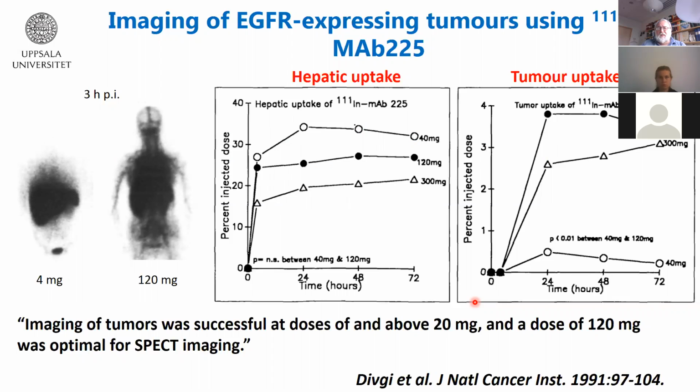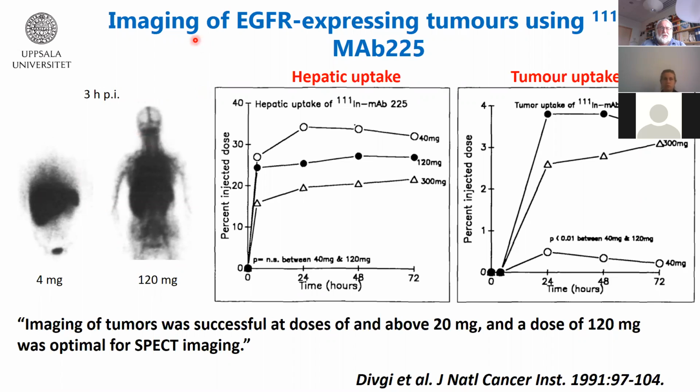And the liver is also well perfused. Between 20 and 30% of blood volume goes through the liver during every turn of the circulation. And if the target is expressed on hepatocytes, you might be in trouble.